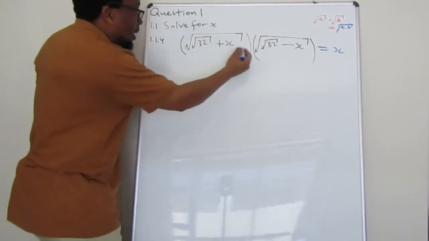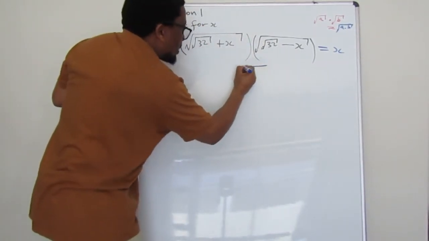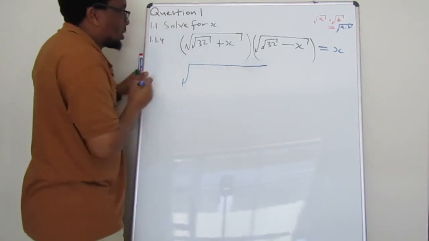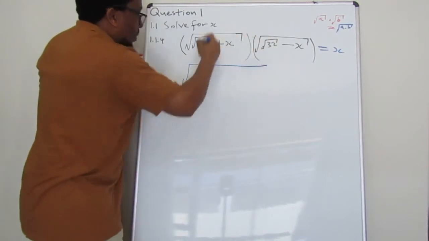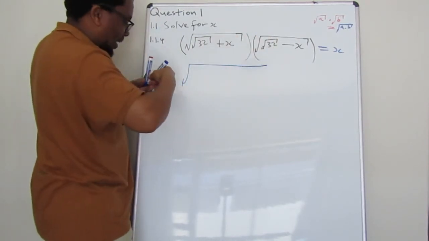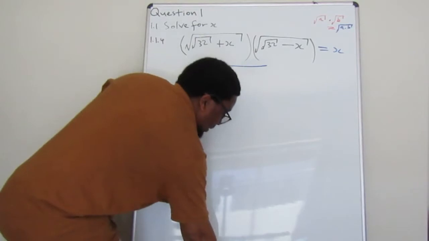Let's see. In this case, I will just put one square root instead of having this square root and that square root. Then, what am I left with inside?